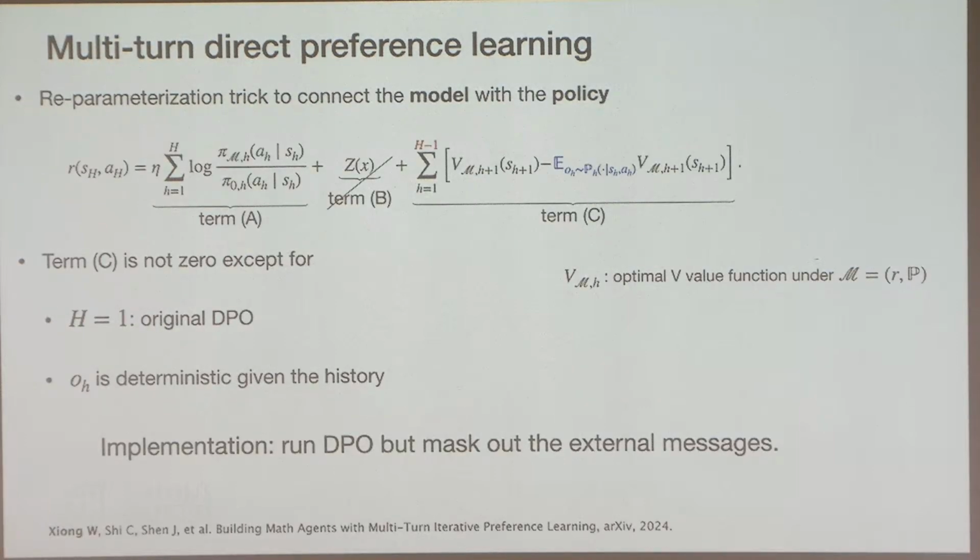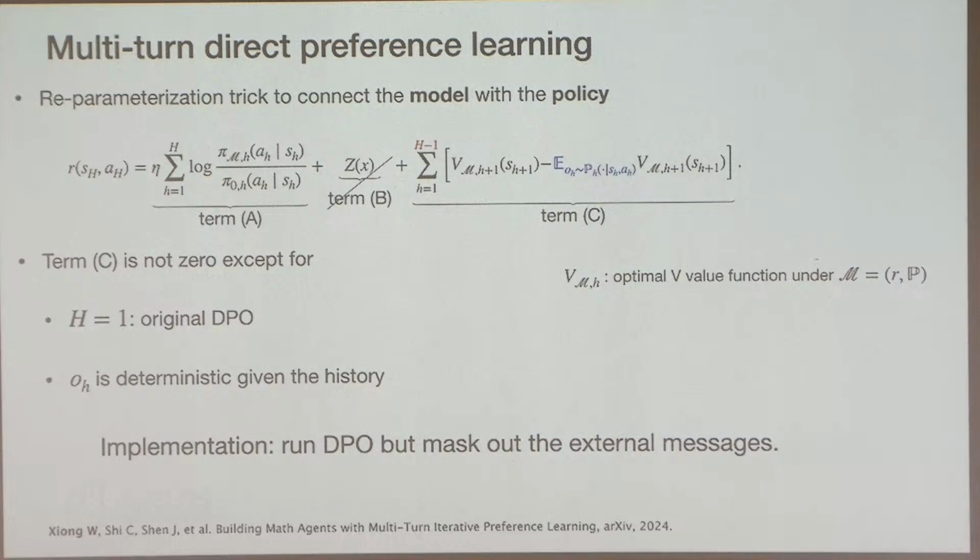After some mathematical derivation, we can draw the conclusion that we also have a reparameterization trick between the policy and the reward model, because now we are considering an MDP. So in addition to the reward function, we also have a transition matrix.